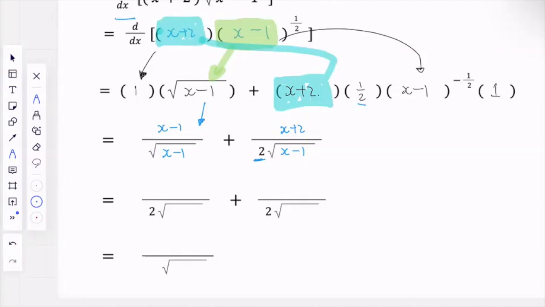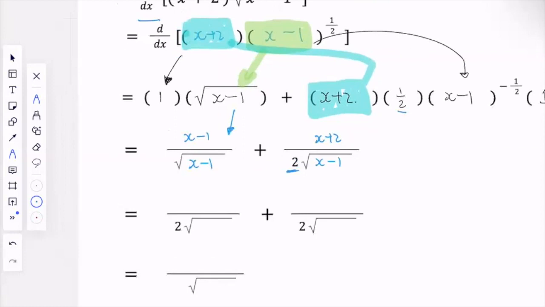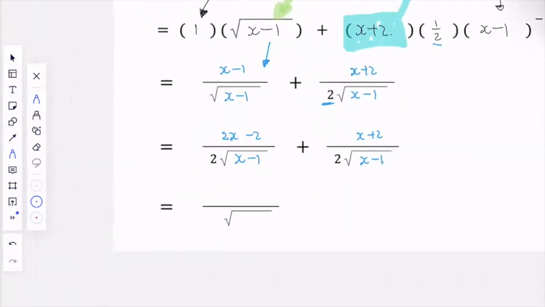How do we simplify further? Make it a common denominator. So make it 2 root x minus 1, which means the first term we must multiply by 2. So 2x minus 2 over 2 root x minus 1, and x plus 2 over 2 root x minus 1.